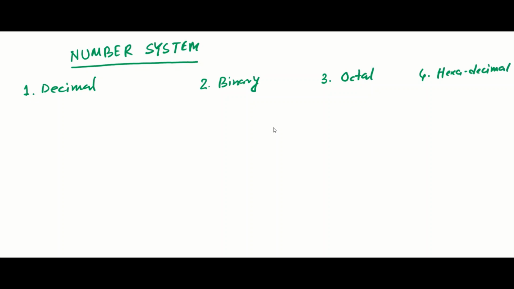These are the four ways that we can represent any number.